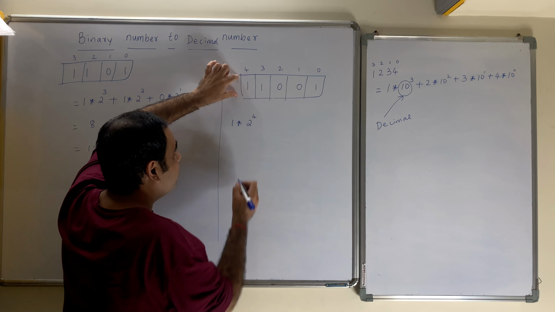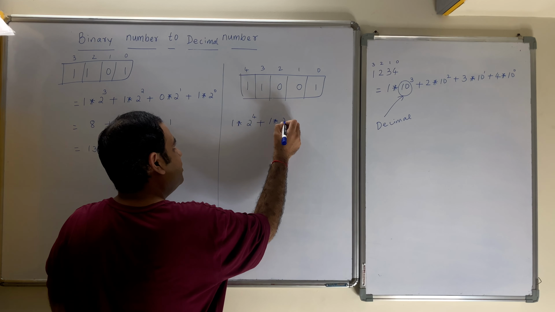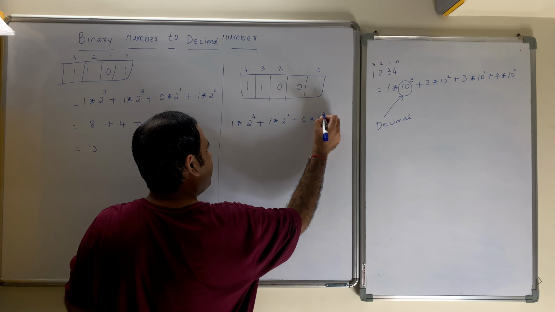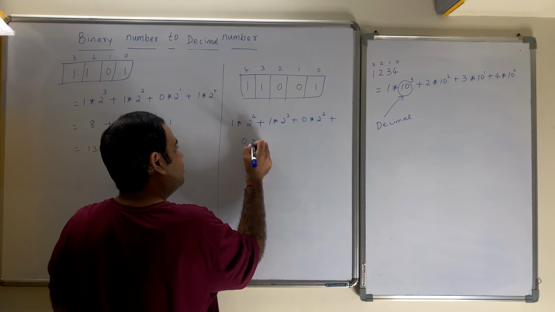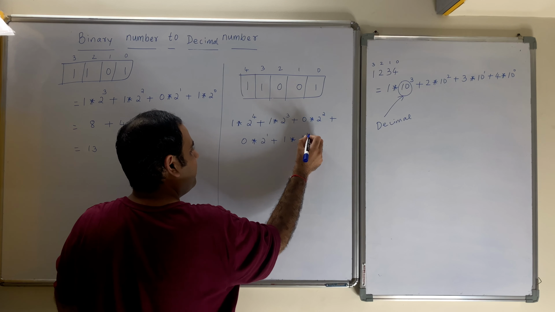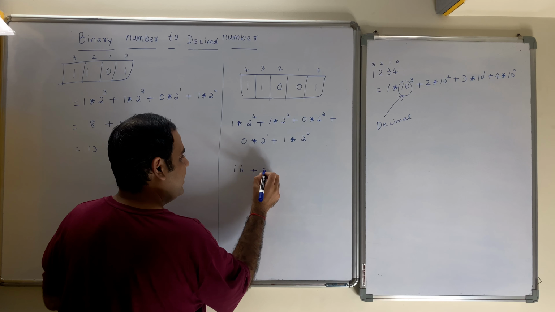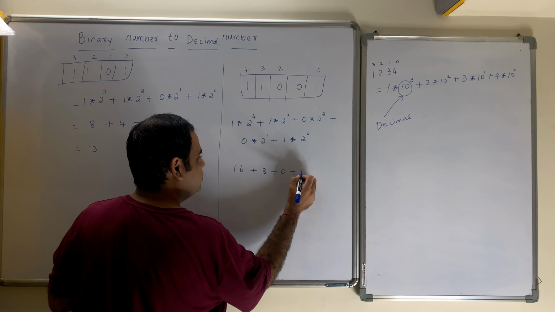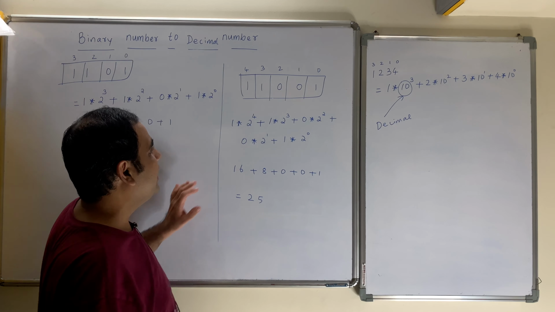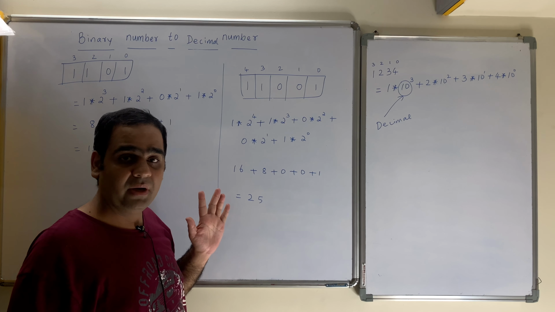Because this number is in binary, 2 to the power 4 plus 1 into 2 to the power 3 plus 0 into 2 to the power 2 plus 0 into 2 to the power 1 plus 1 into 2 to the power 0. And it becomes 16 plus 8 plus 0 plus 0 plus 1. This is equal to 25. Therefore, this number is 25 in decimal.